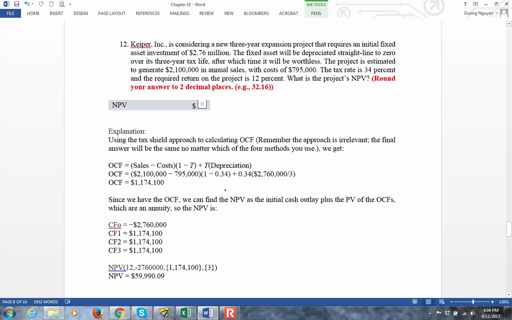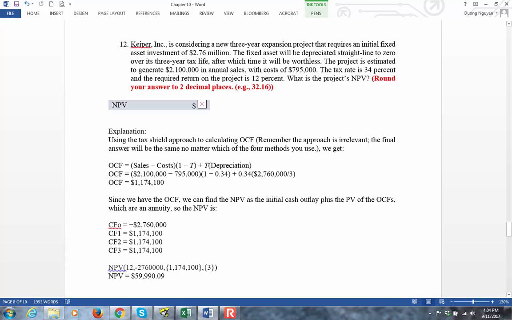In here I'm using this formula. OCF is equal to (sales minus cost) times (1 minus tax) plus the depreciation tax shield.